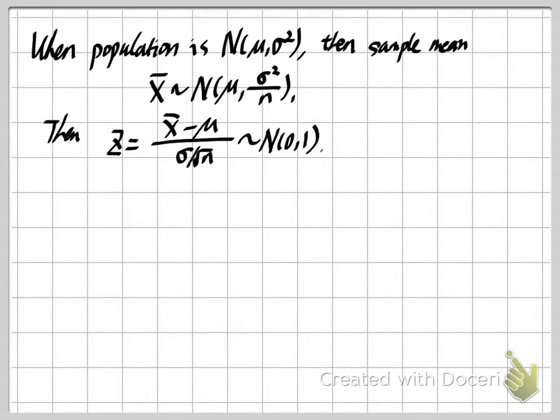This becomes a standard normal random variable, so we can compute probabilities using the table of the standard normal distribution. Because we always use z to denote a standard normal random variable, this type of hypothesis test is also called a z-test.